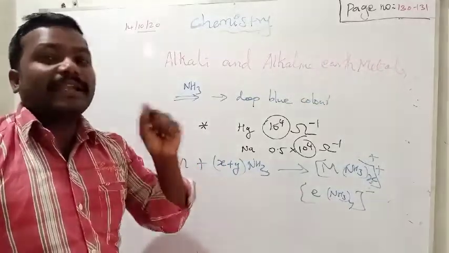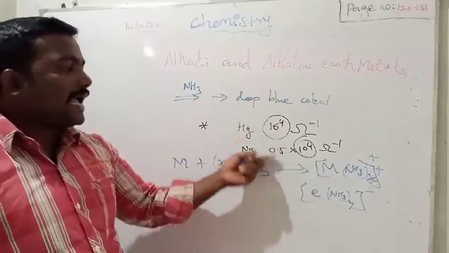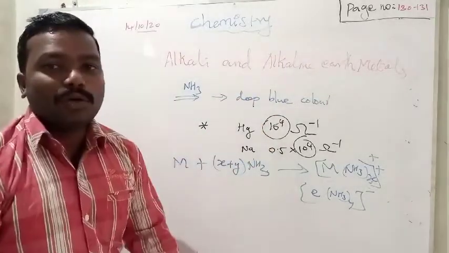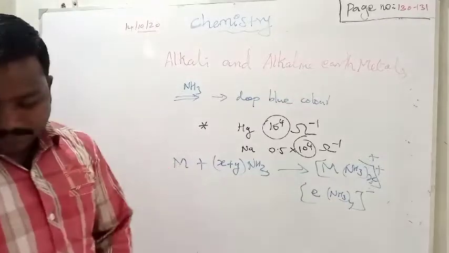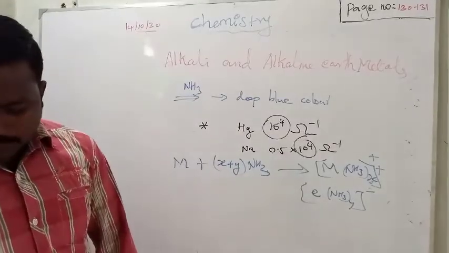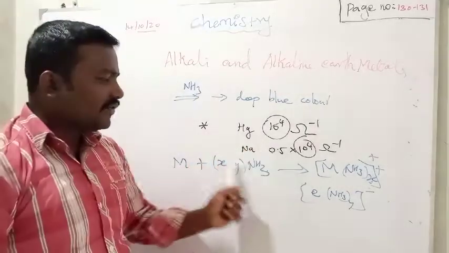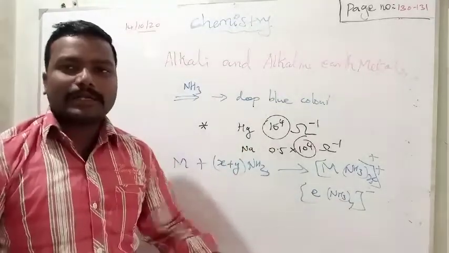Because of this ammoniated electron, they will have high conductivity, equal to pure metals. Listen, see here the blue color. Why, sir? Conductivity increased because of the ammoniated electron.